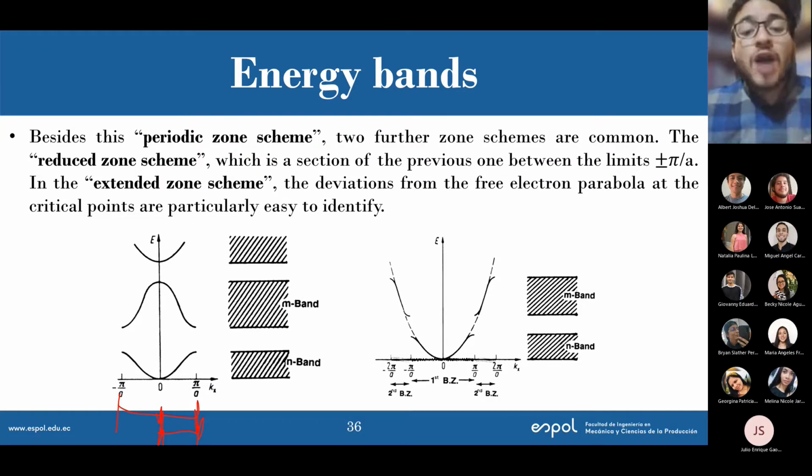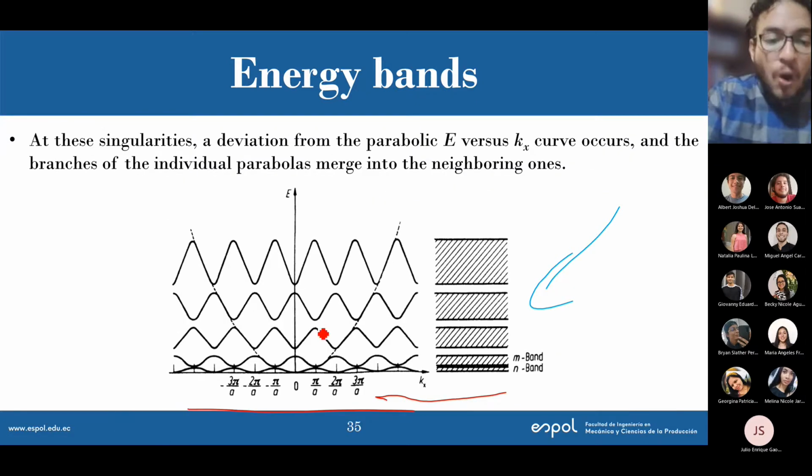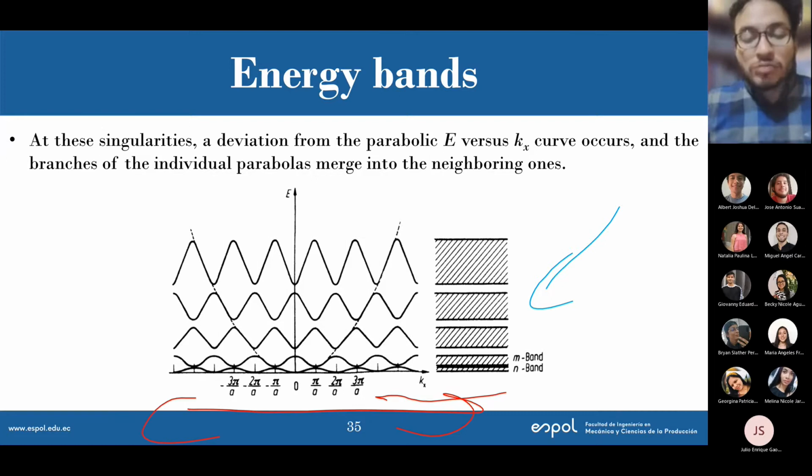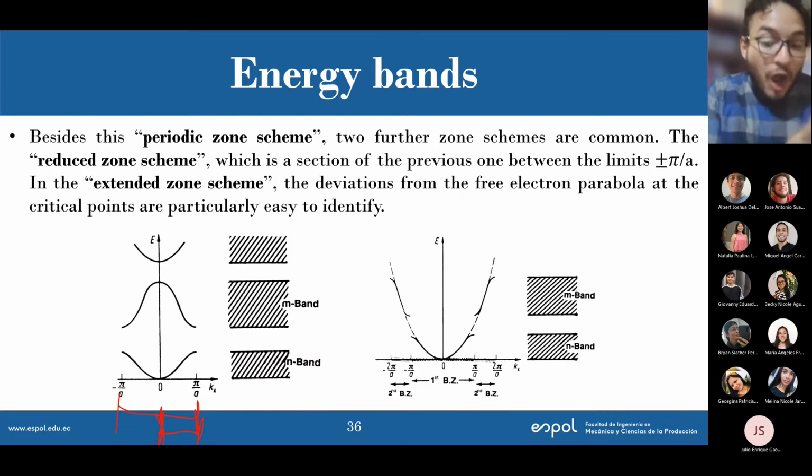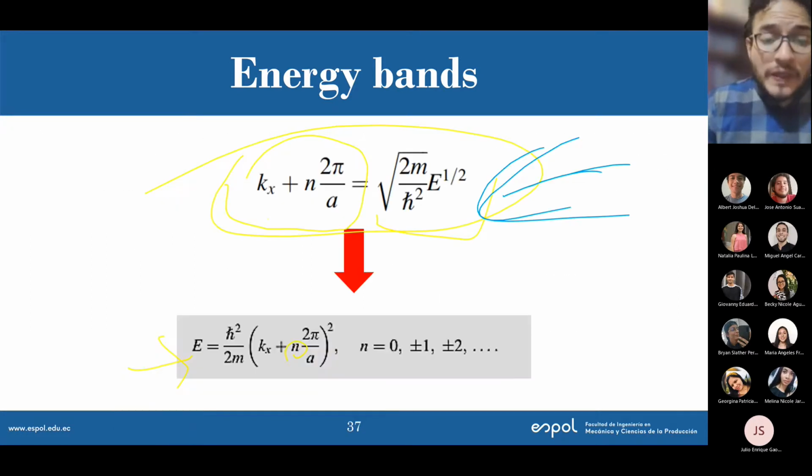Why? Because this is periodic, and all these functions have a periodic factor. So instead of plotting the whole range of k values, I can just plot for one region, and I know that's going to be periodic for the other regions, right? So that's all I'm doing here.